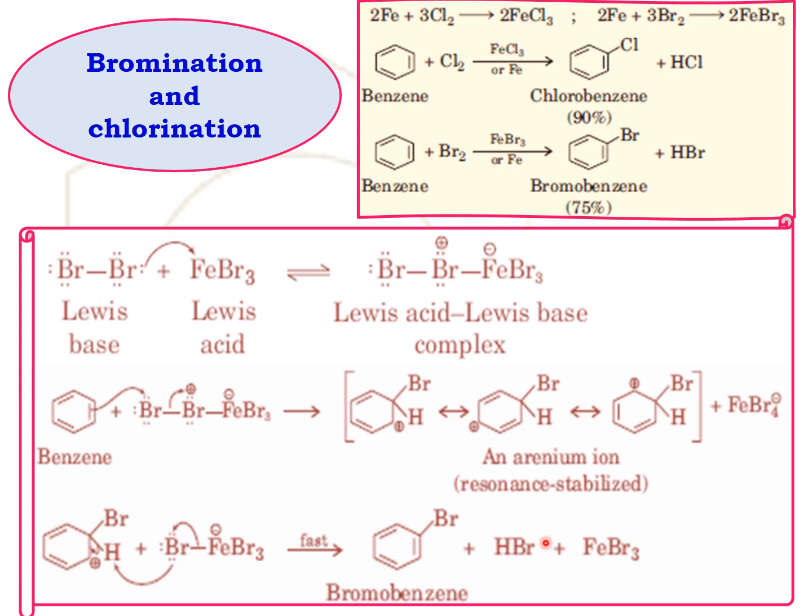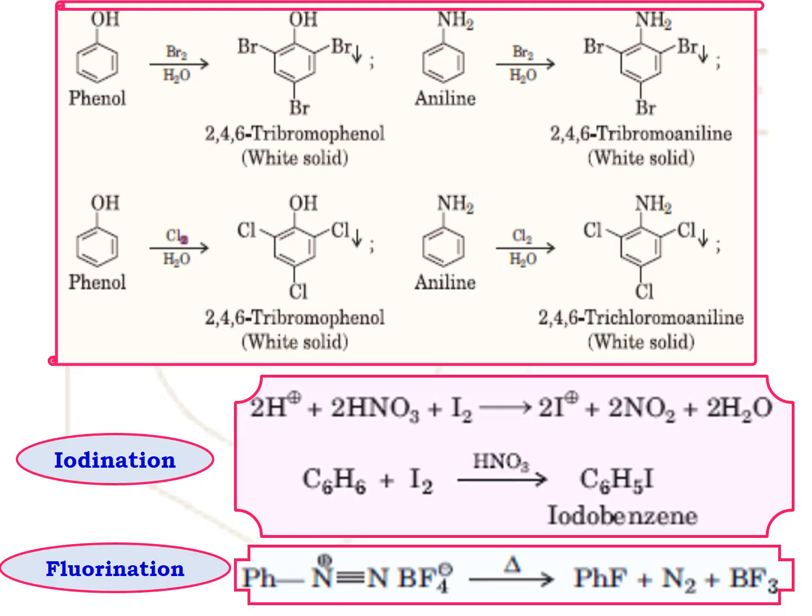It provides HBr, regeneration of the catalyst, and also our expected and targeted product, bromobenzene. Similarly, we can do it for chlorination also. These are all the examples for bromination as well as chlorination.